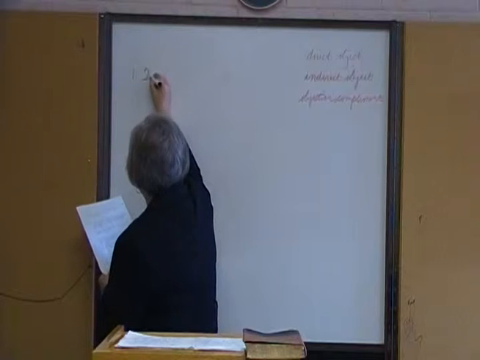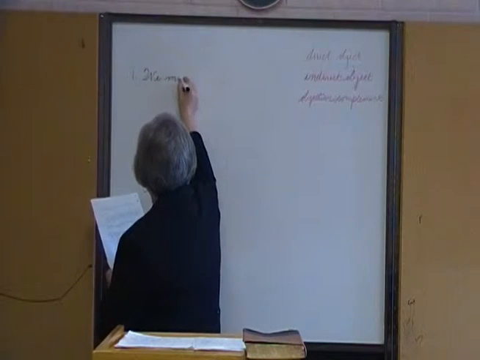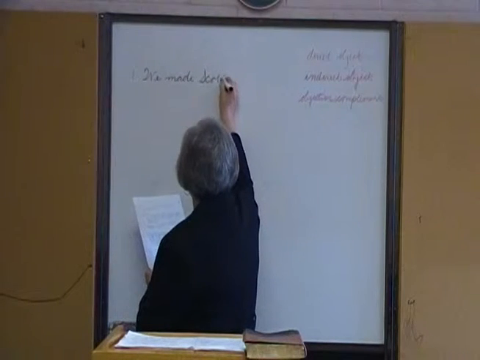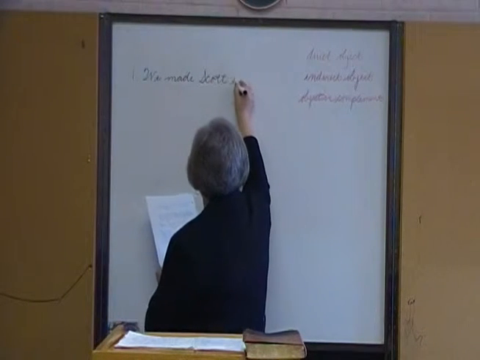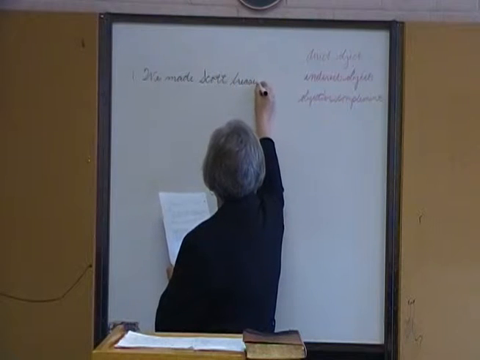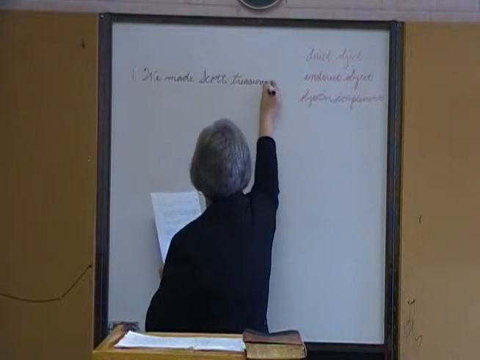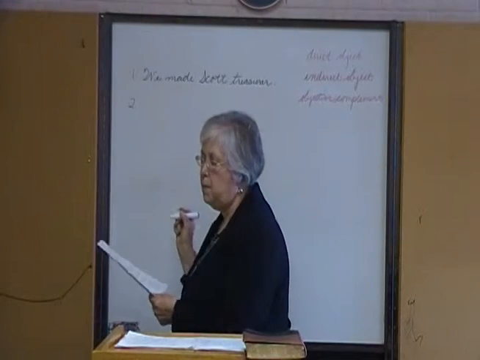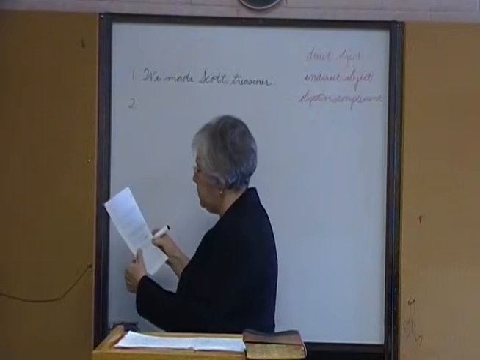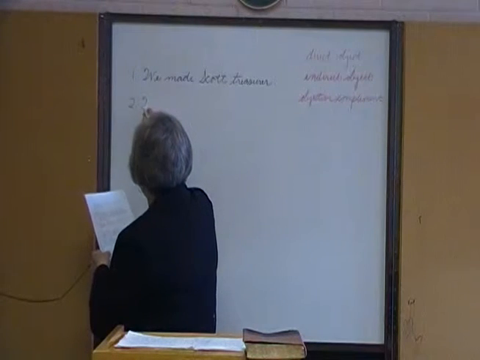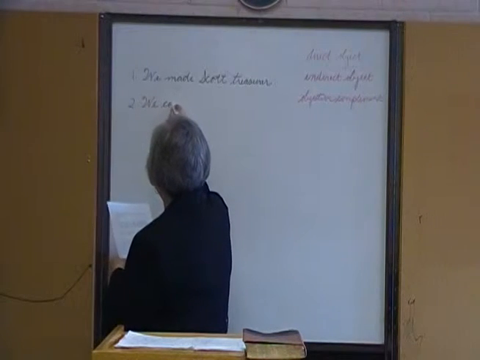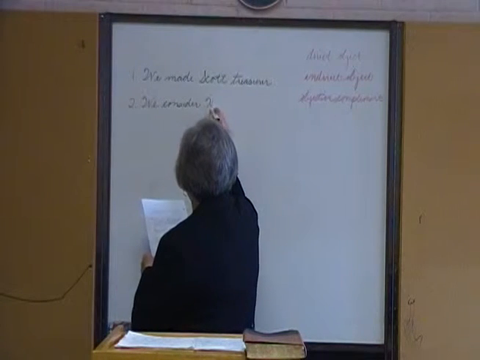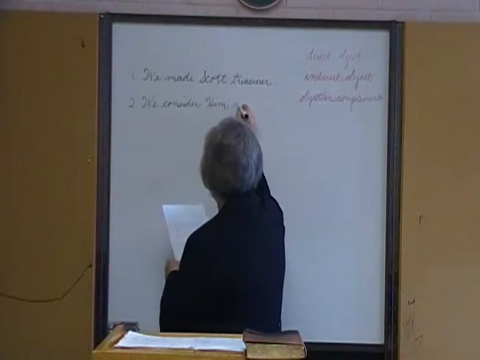Number 1, we made Scott treasurer. Number 2, and that one is made. Remember, it means to make or to consider, the verb. We consider him dependable.